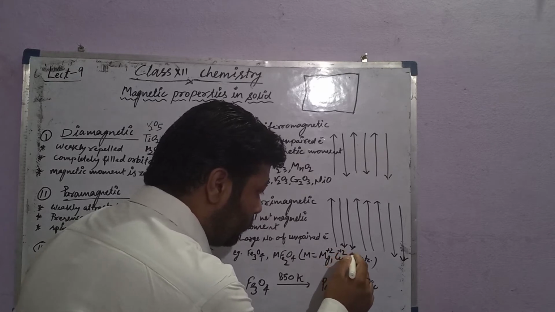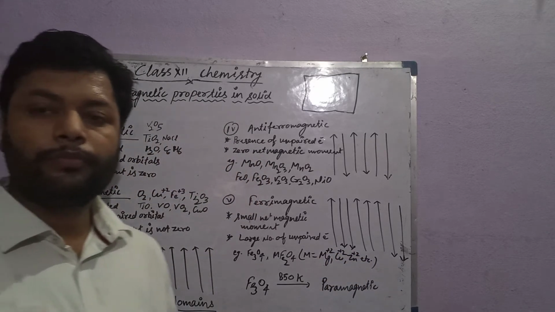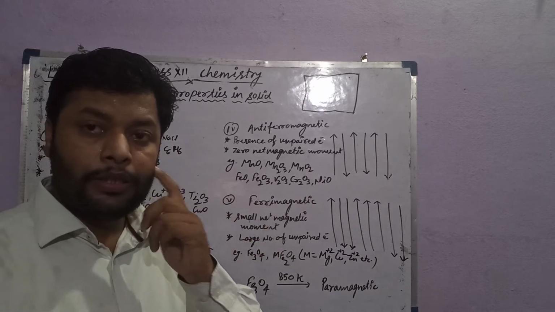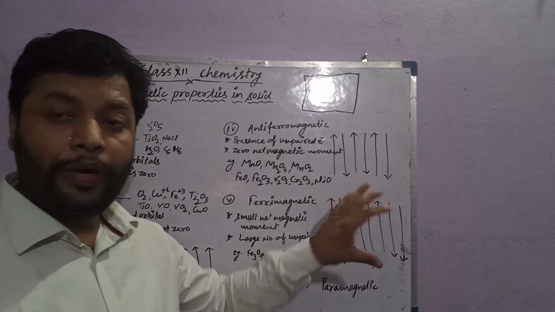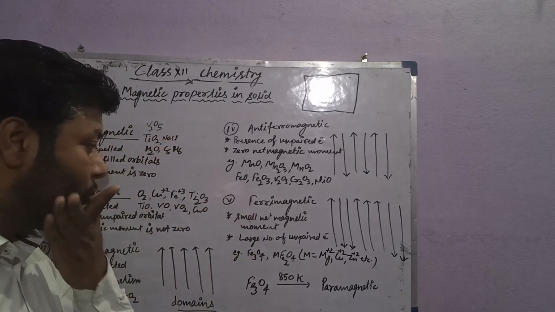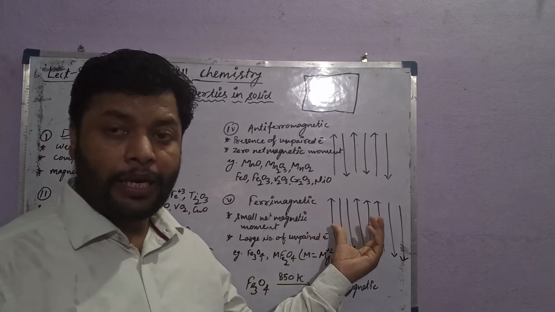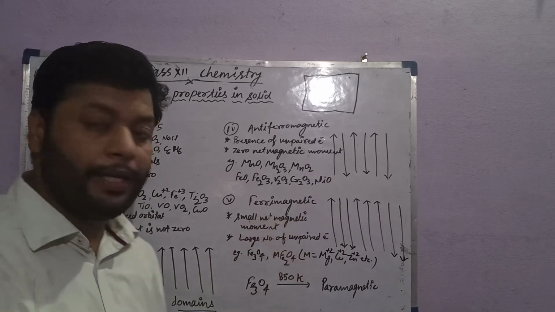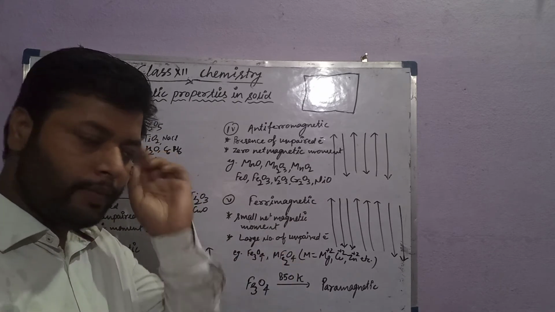So ferrimagnetism means that unequal sets of domains are formed when we bring a substance into a magnetic field, and due to the unequal orientation of domains there is a small net magnetic moment, even though a large number of unpaired electrons are present.